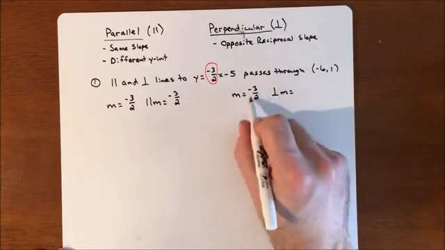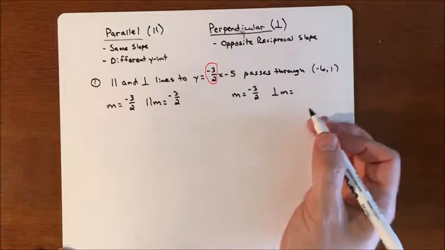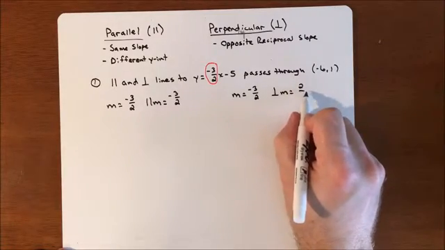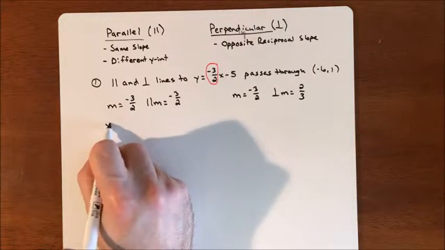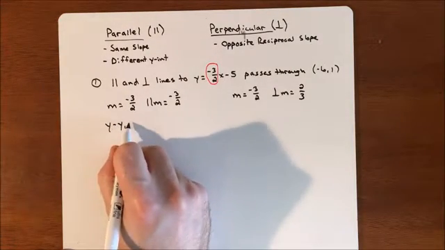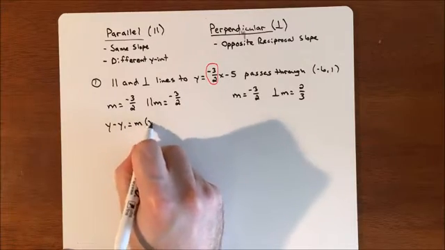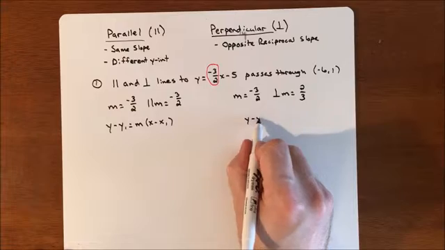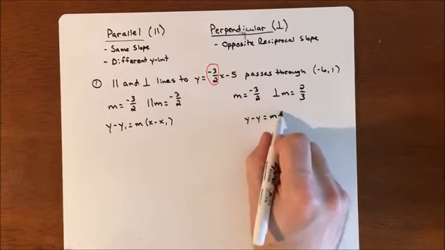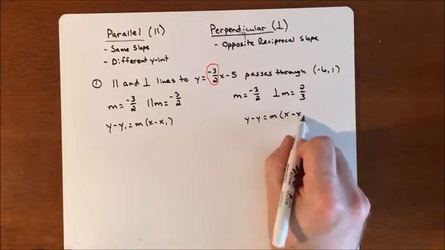And then you also have to flip the fraction in order to really make it a 90-degree angle with each other. So we're going to be using 2/3. The process is going to be exactly the same. So our setup is still going to be y minus y1 equals m times x minus x1. And this is going to be y minus y1 equals m times x minus x1.